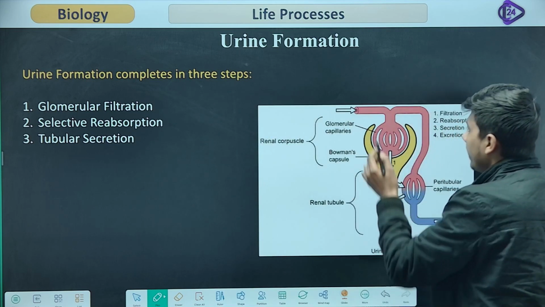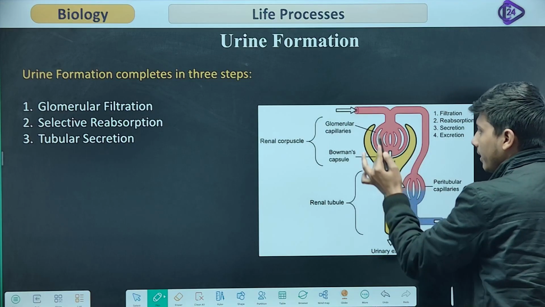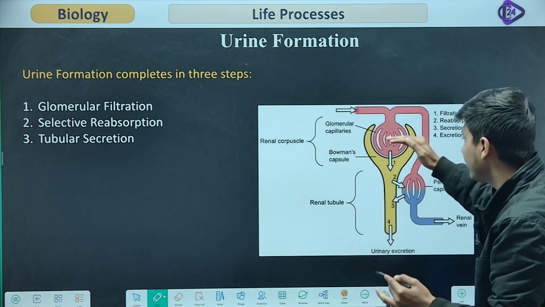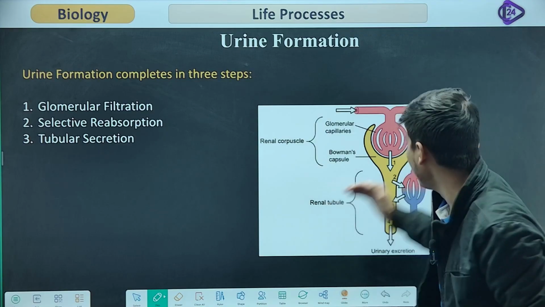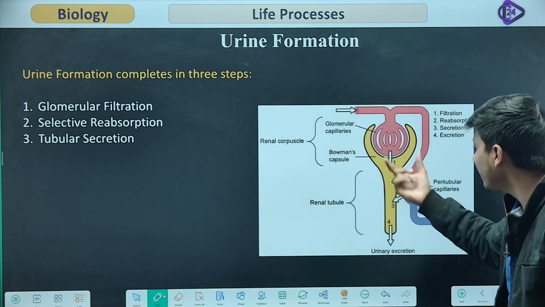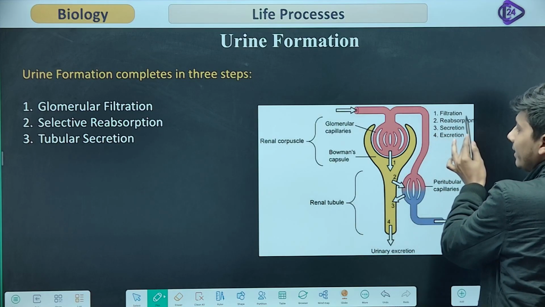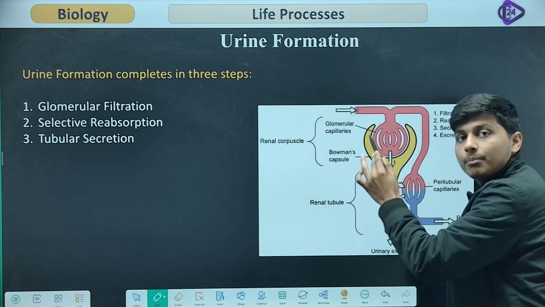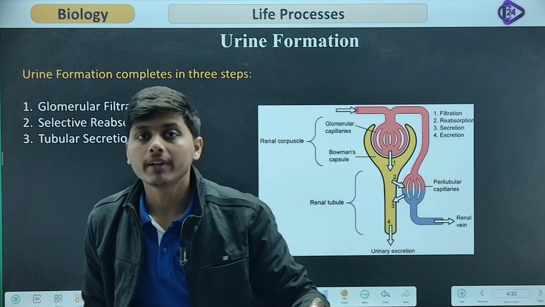Here the blood is coming into the nephron. This tuft of capillaries is called the glomerulus. Here the capillaries are porous, meaning they have minute pores from where the blood gets filtered out. The harmful substances get filtered into the renal capsule. The first step is called filtration. But sometimes, with the blood, some small particles also get filtered out.